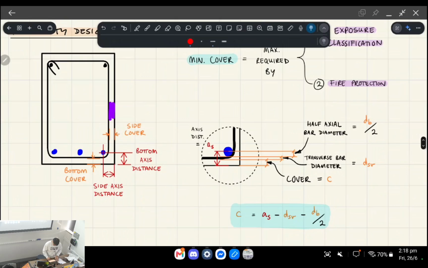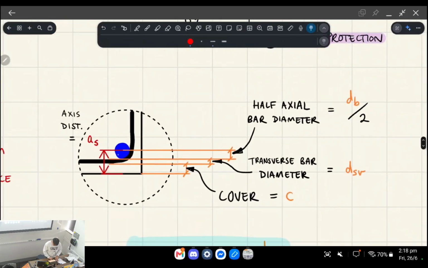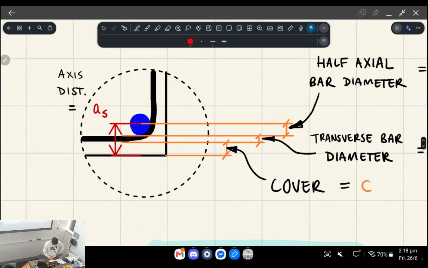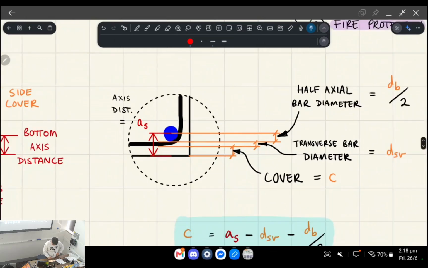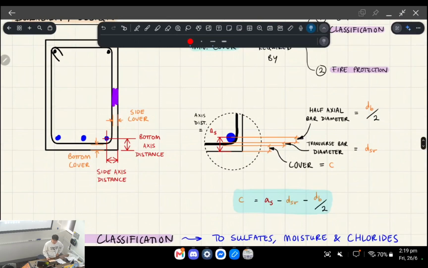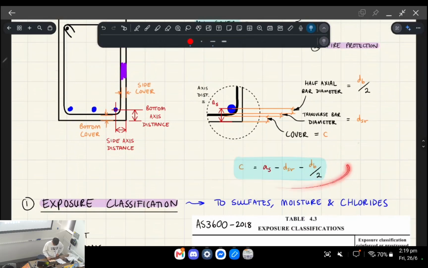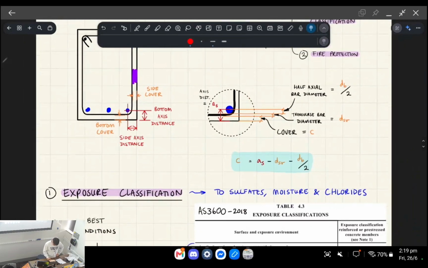Another one is that we've got this longitudinal bar, sometimes called axial bar, and then you've got transverse bars, these stirrups, which hook around the outer edge of the axial reinforcing bars. When we're talking about cover, we're talking about the distance from the air to the outer edge of that transverse bar before you touch any steel. Does that make sense? You can basically work out axis distance relative to cover using geometry.